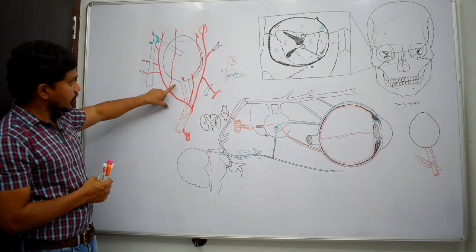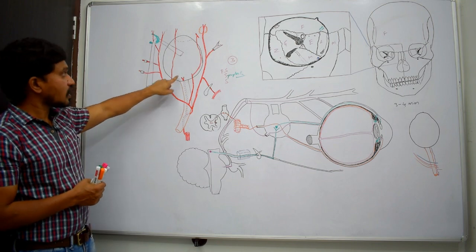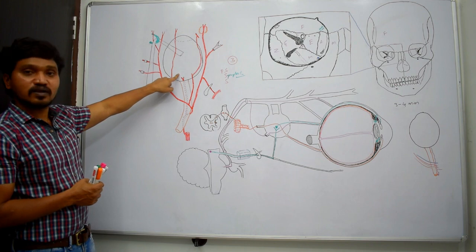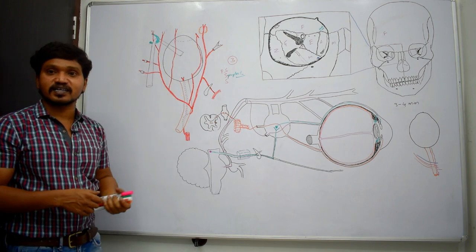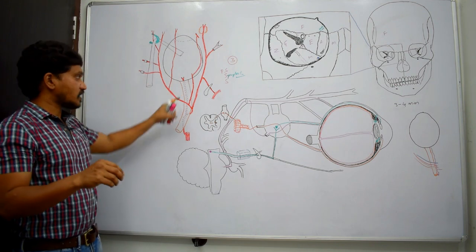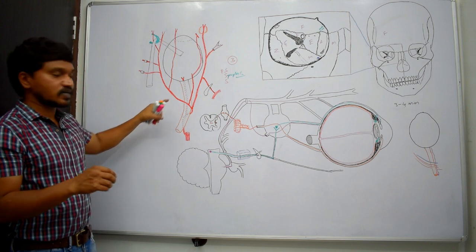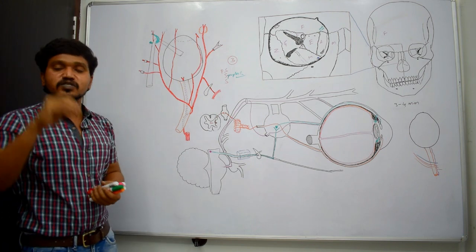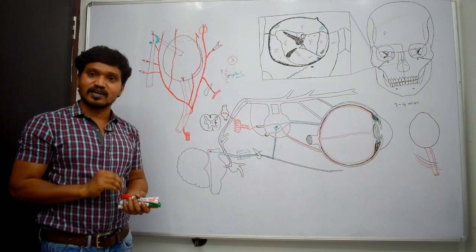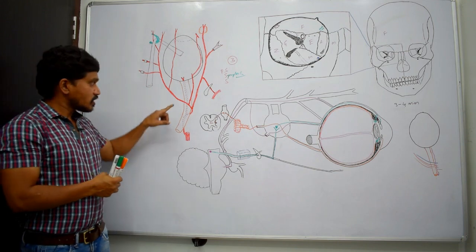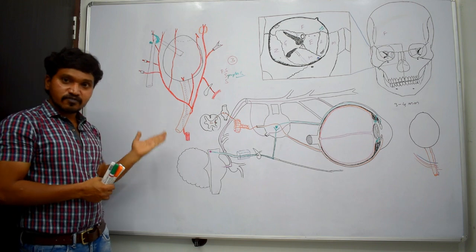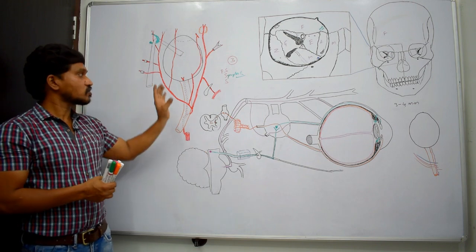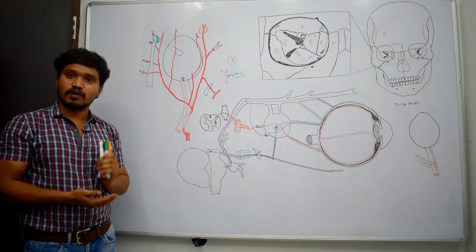Up to 1.25 centimeters behind the eyeball. At 1.25 centimeters behind the eyeball, this central artery pierces the nerve. So from there, if you take a section within the substance of the nerve, you can find the central artery. That means the central artery is related inferiorly and also within the substance. Clear? So these are the relations of the optic nerve.